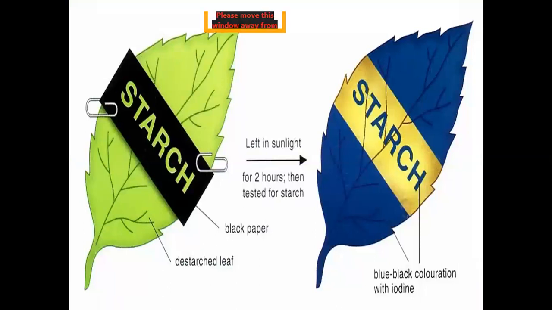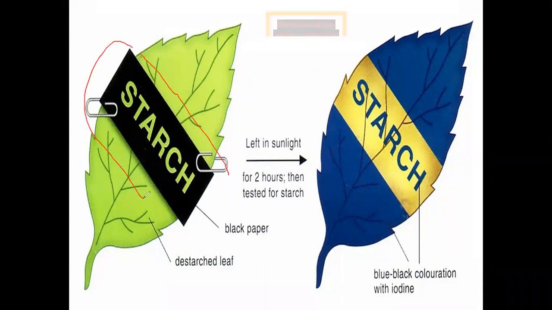In this experiment, we have a leaf that is green in color. We cover part of this leaf with black paper. Covering it with black paper prevents the light from reaching this part, so this part receives no light. We leave it for about 2 hours in light, and then we test for starch.